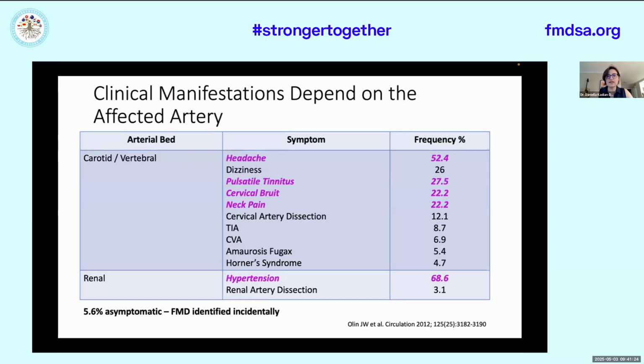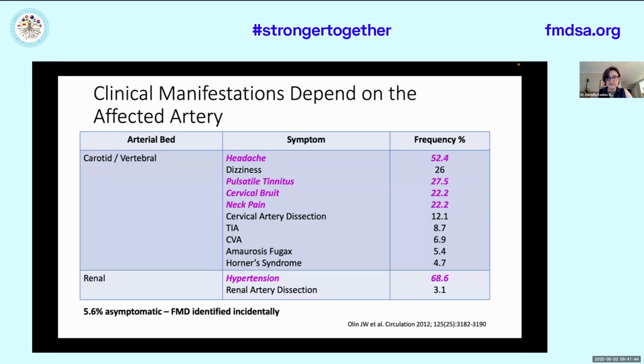You heard that the clinical manifestations of FMD really depend on the affected arteries. If we focus in on the carotid and vertebral arteries, the main things that we hear patients complain about when they come in are headaches, frequently migraines, and pulsatile tinnitus, or that whooshing sound.